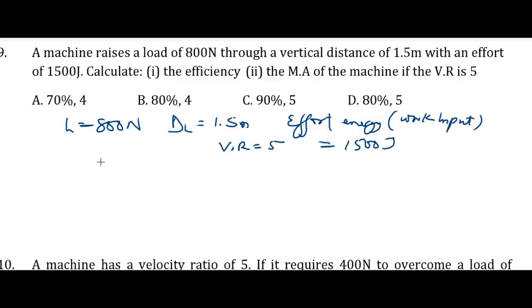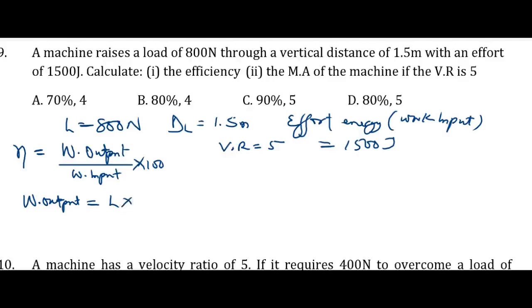Okay, the first thing they ask us to calculate is the efficiency. And you know that efficiency in this case is going to be work output over work input times 100, because we already have our work input to be 1,500. So let's find our work output.